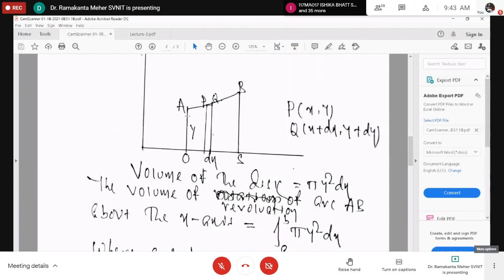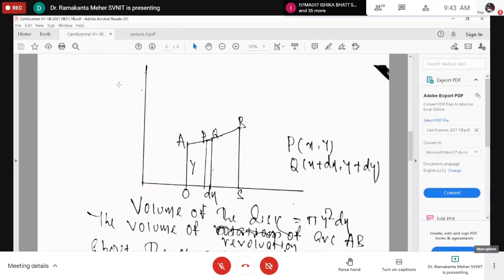Suppose we are taking a curve on the xy plane, and first we are taking a small part of this curve AB, that small cross section, that is PQ, and if we draw a vertical line from P and Q, then we can find an element of the form of PQ. Let it be P1 and Q1. This is the element that we can get here. Suppose someone wants to rotate this element around the x-axis.